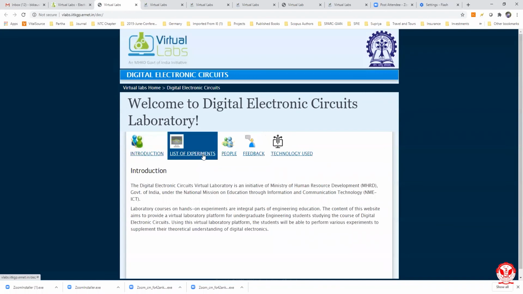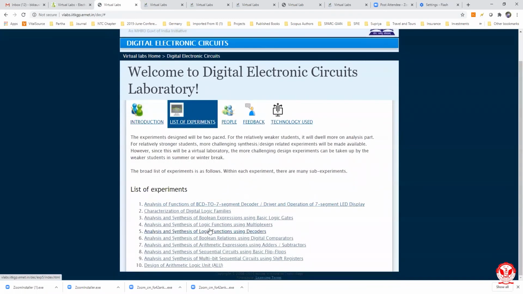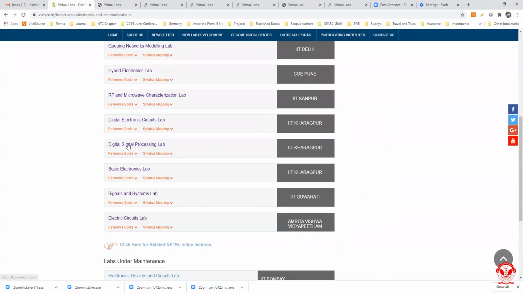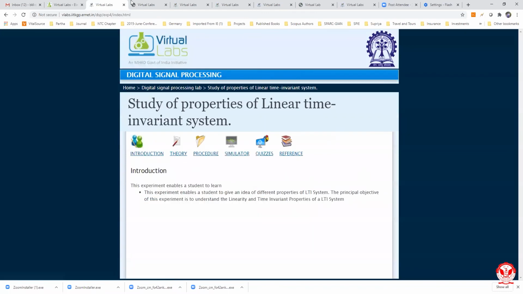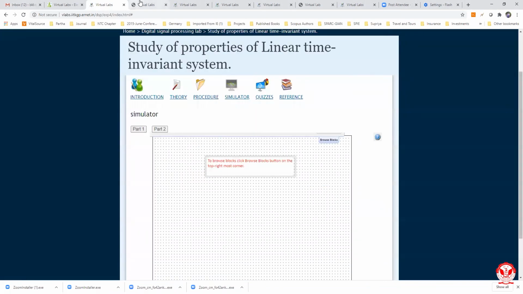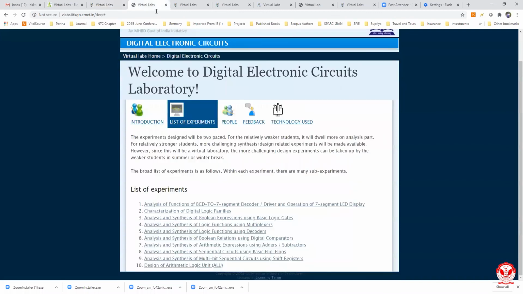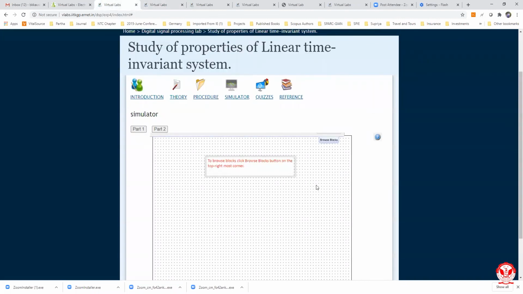Again we will start with the signal processing lab, linear time invariant system simulator. Part 1 is selected. So we have to proceed for the linear time invariant system.